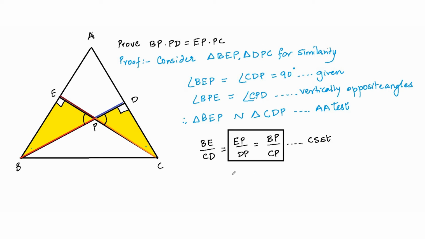So on cross multiplication, I will get EP multiplied by CP equals BP multiplied by DP, and this is exactly what I had to prove. So I would say hence proved. So again, the AA test over here was useful, and CSST helped us prove the given equation. So let's pause again for a few seconds before moving on to the next question.